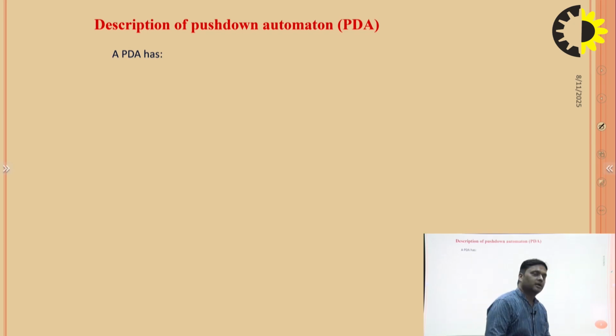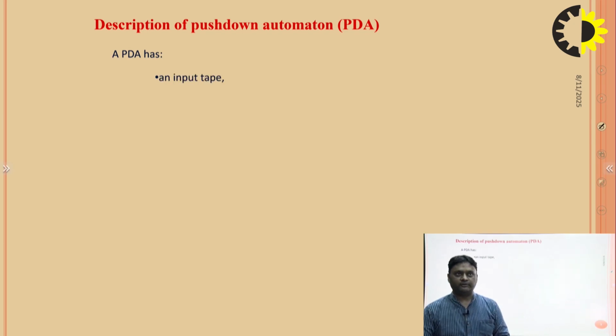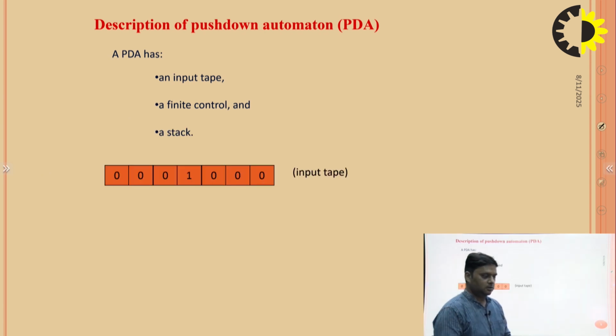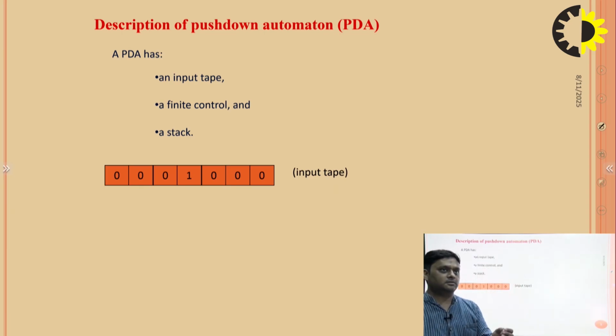Pushdown automata can be described with 5 tuples. Here, a basic PDA has the input tape, finite control and stack.